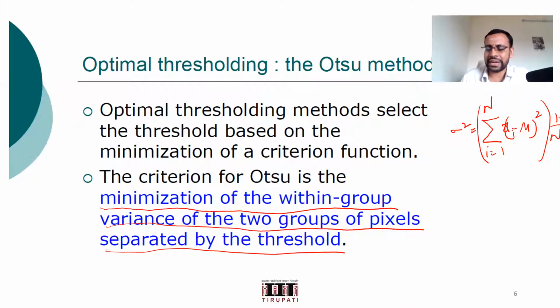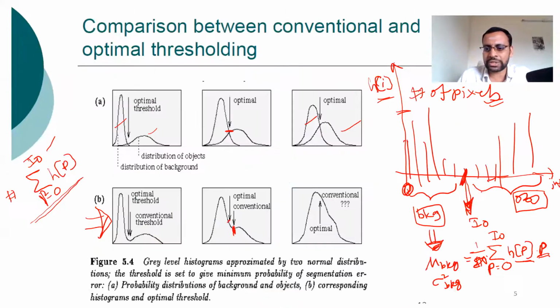Correct. Now, mu, the background mean, you know it. This n, the number of things, you know it. But now you have it in terms of the histogram. Can you tell me how you compute that now? So let's go back to this slide. 1 divided by the number of pixels, I would already keep that there.